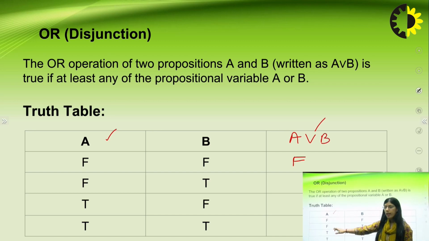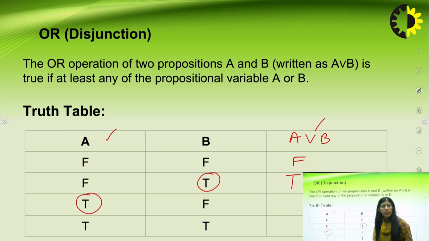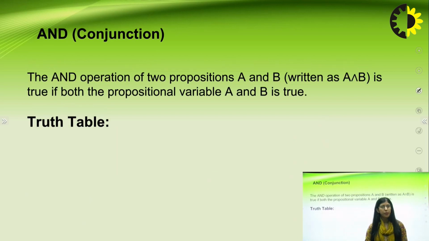In the second line, we can see one of the values is true, so the result is true. Again, in the third case, A is true but B is false. Again, this will result in true. And the last one is both of the propositions are true, then of course the result is true for the OR operator.